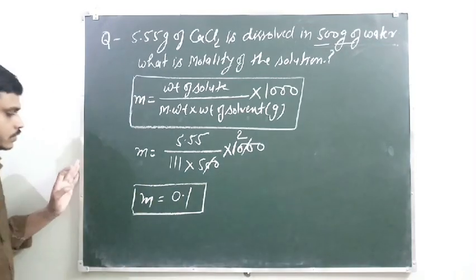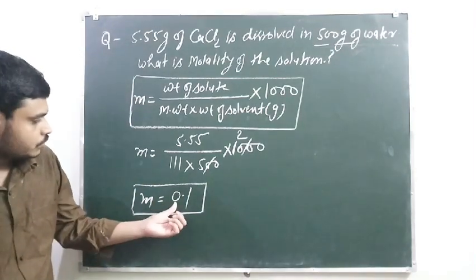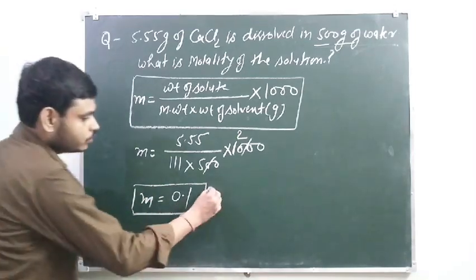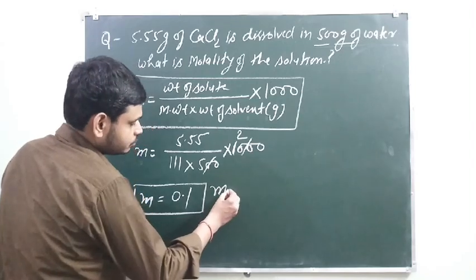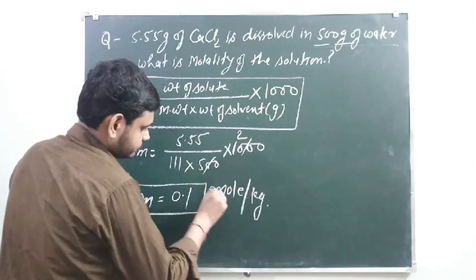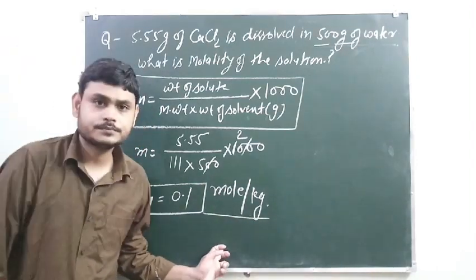Now we get the molality is equal to 0.1 mole. The unit of molality is mole per kg. Clear?